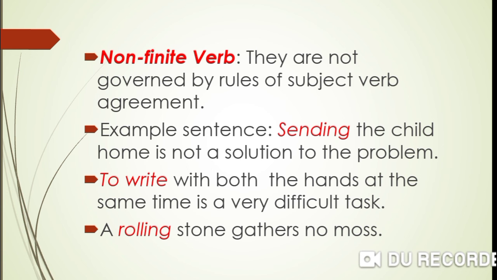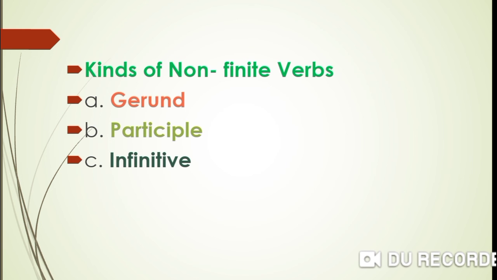And the next example is, a rolling stone gathers no moss. Here also you can find an ing verb, and that is also non-finite, and here it is working as an adjective. We'll talk about it later, that there are three types of non-finite verbs. So just complete this video. You have to watch this video up to the end to understand properly.